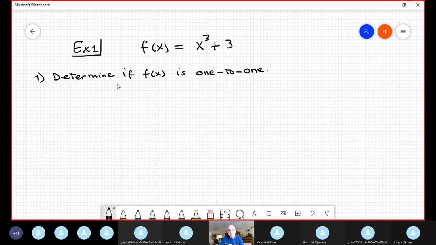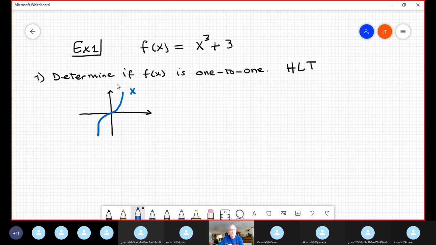Well, professor, the only possibility you taught me is using the horizontal line test. Okay. I know that this is a cubic function. I know the library of the functions in college algebra. The cubic function looks like that.